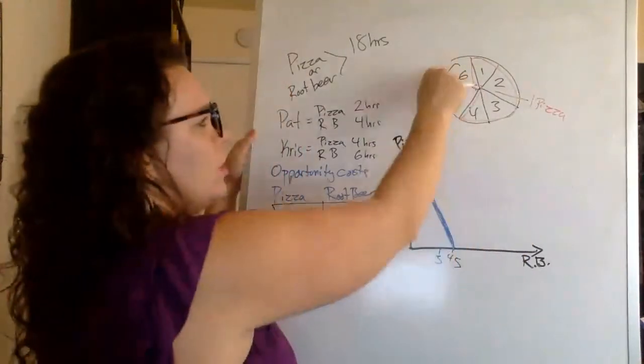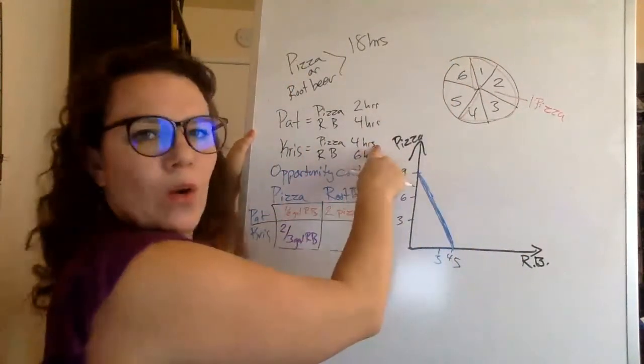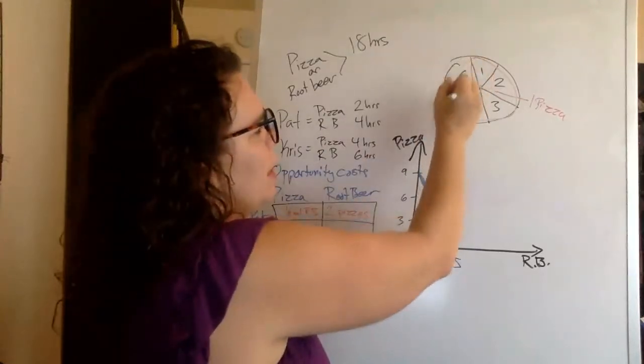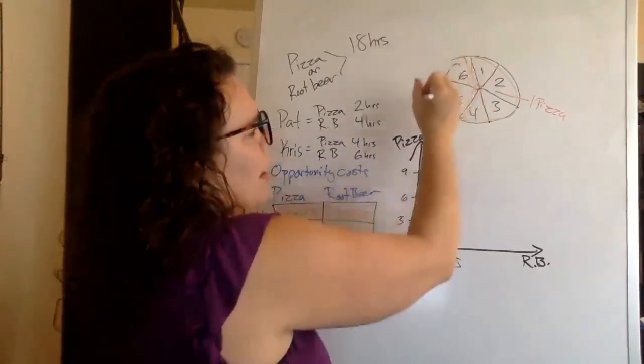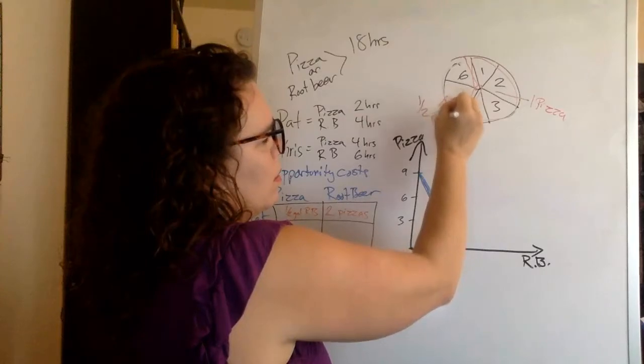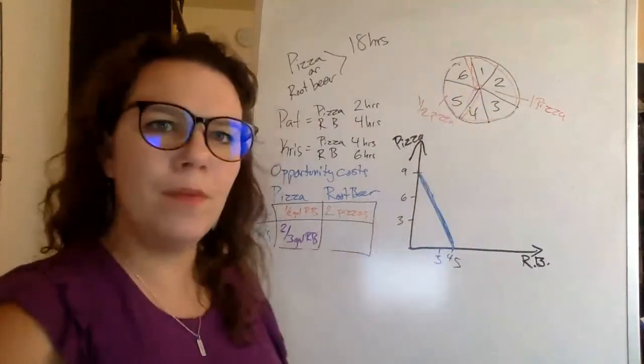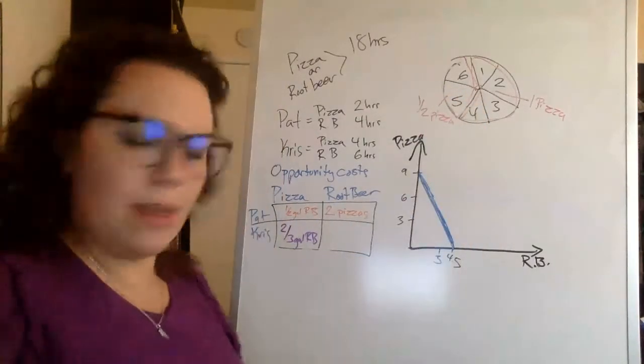And then there would be 2 hours left. We can't make a whole pizza in those 2 hours, but we can make half a pizza. Okay? So hopefully that helps make it make sense.